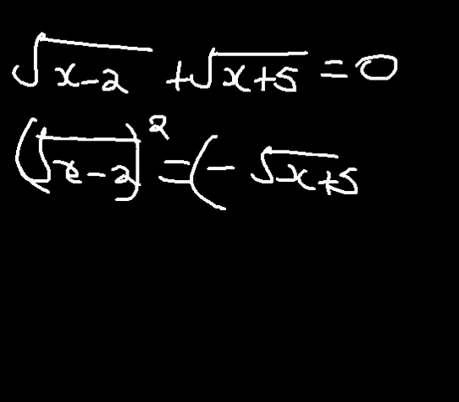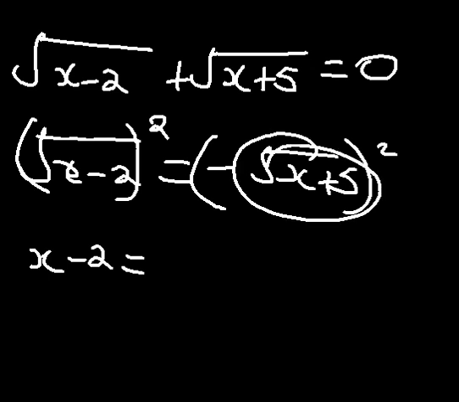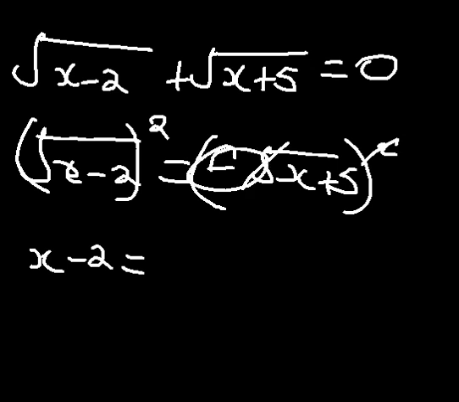And that will be given as this. Hence, we'll have x minus 2 is equal to, now, since we have a single term with the radical here, it is the same as having negative to the power 2. Hence, we'll have x plus 5.